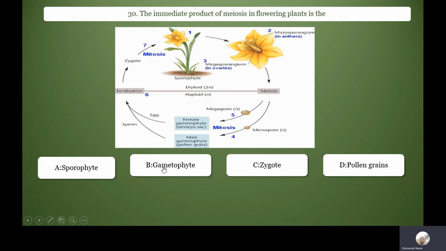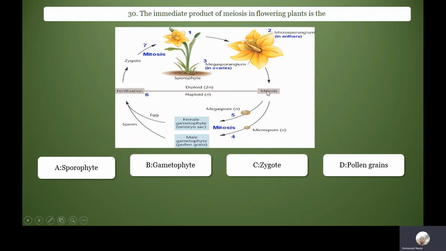The immediate product of meiosis in flowering plants is, the correct option here is D, pollen grains. In flowering plants, that's what we call alternation of generations. It alternates from the spore-bearing form to the gamete-bearing forms, the gametophytes.